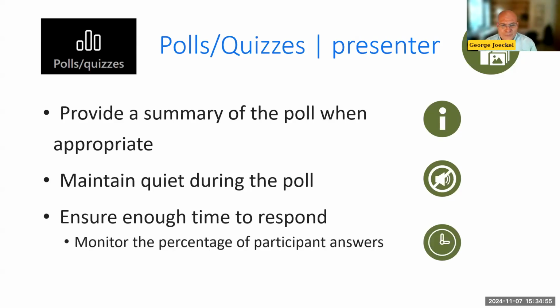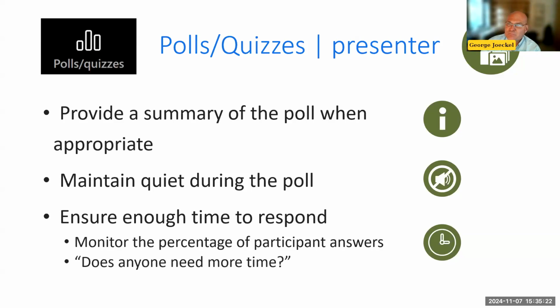So something that's really helpful with this is that while the poll's being conducted, the person that's giving the poll has the interface and is able to monitor the percentage of participant answers. If you see a question or two that's still at a very low percentage, you might just give people more time.